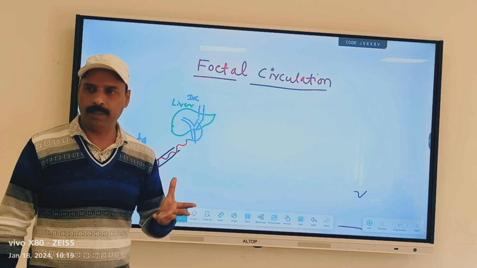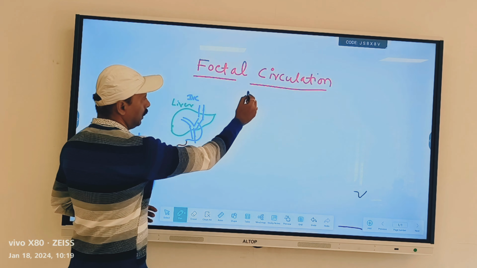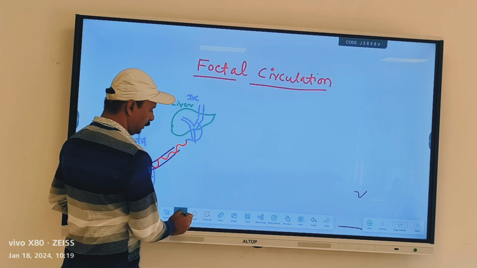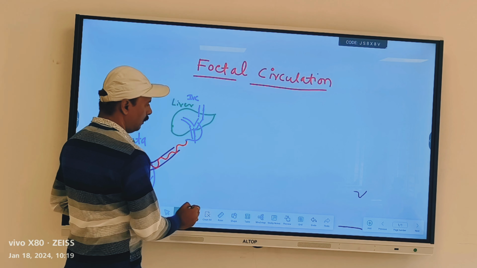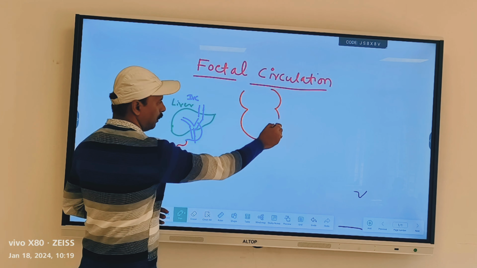Now you know the inferior vena cava. Here, when you go to the heart, you have to remember the heart structure. We can draw it out.